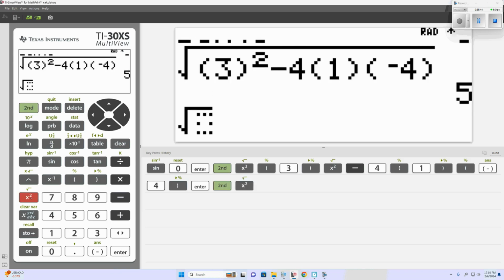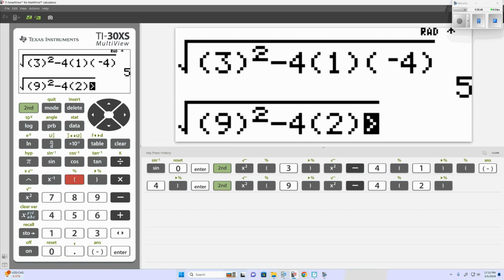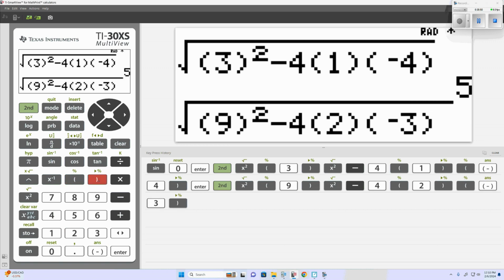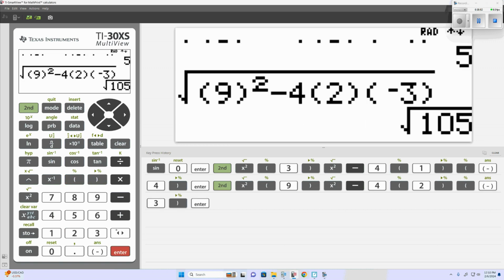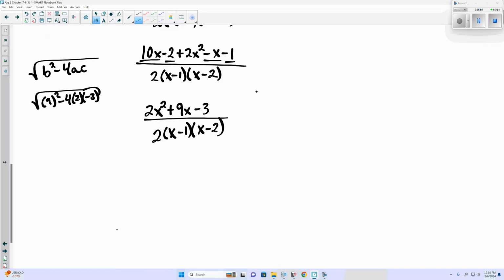We can say second square root, 9 squared minus 4 times 2 times negative 3. We get the square root of 105. We get a decimal. So what that tells us is our 2x squared plus 9x minus 3 is not factorable. There is not a greatest common factor. So that is as simplified as it gets.